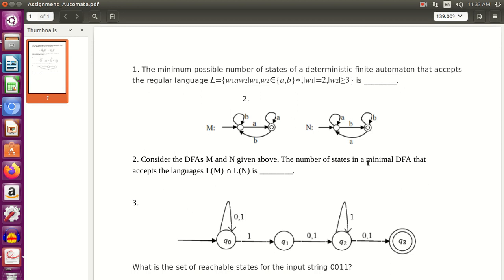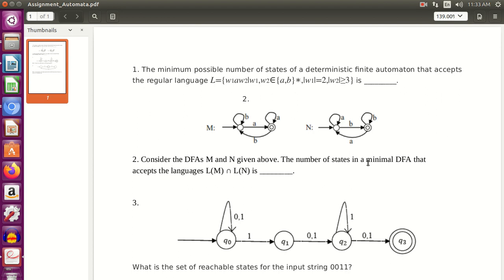Okay, thank you. So if you look at the first question, it's asking that you have to find the minimum possible states of a deterministic finite automata that accepts the regular language L of the form W1 A W2, where W1 and W2 belong to {A, B}, that is, the alphabet set A comma B. The length of W1 is strictly 2 and the length of W2 is greater than or equal to 3.